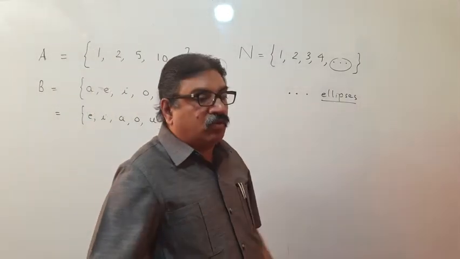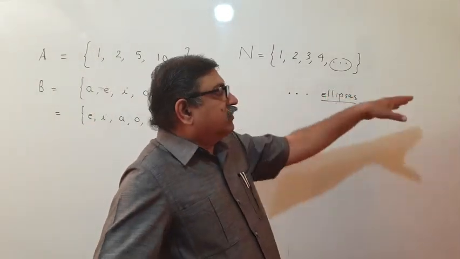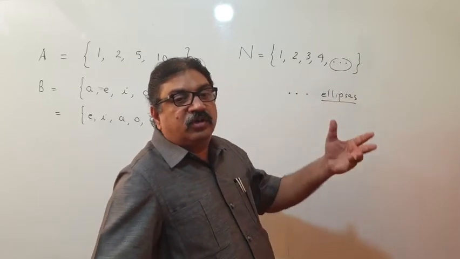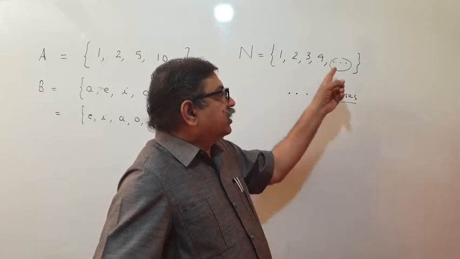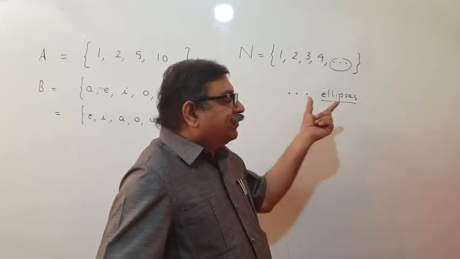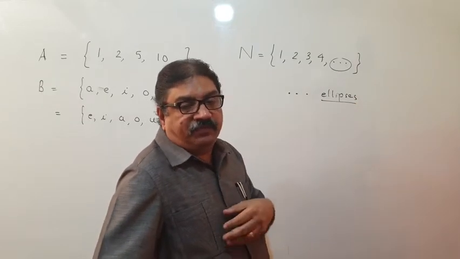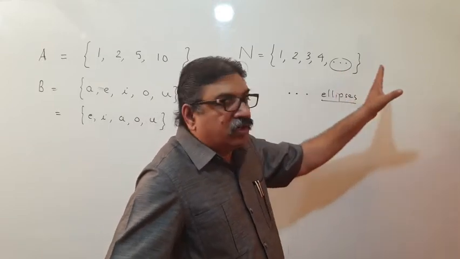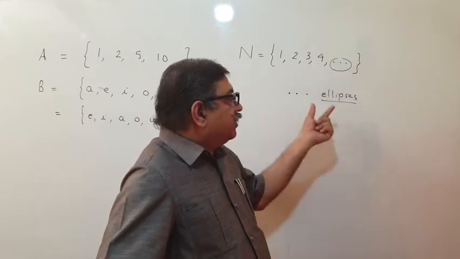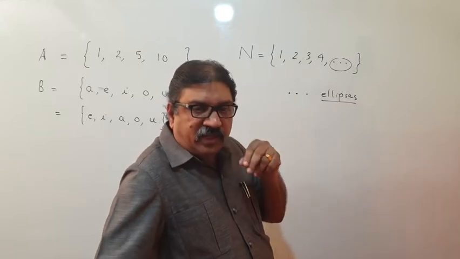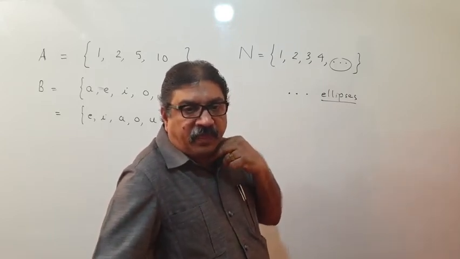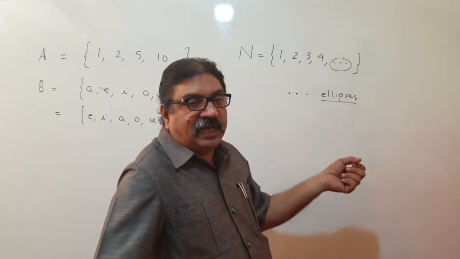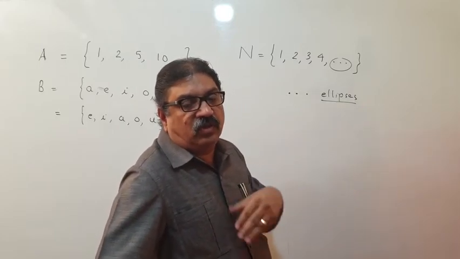Omission means if I want to omit the rest of the numbers, then I am writing only 3 dots. Or if I want to show continuity with the same pattern, then I am putting 3 dots. So the word ellipsis means omission, or we say that it is continued in the same pattern. This is the meaning of 3 dots.